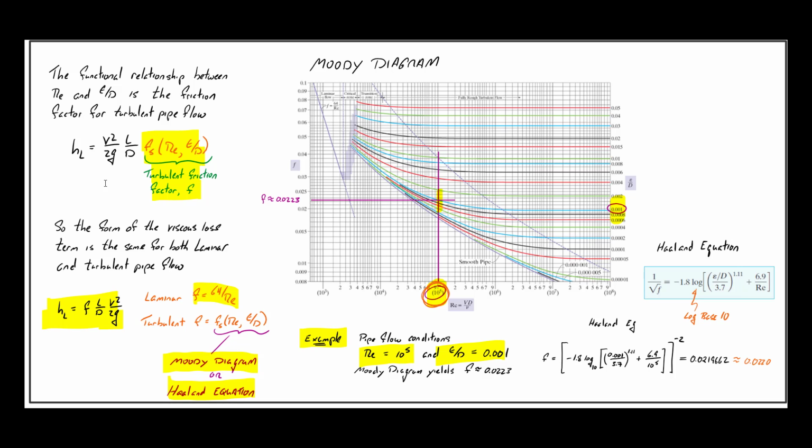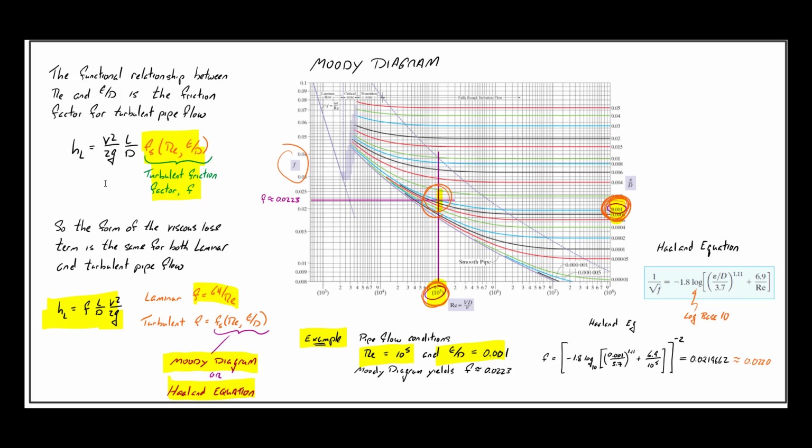We go up until we cross the line where epsilon over D is 0.001, and the crossing is here. We come across to where the friction factors are defined, and we end up with a value that looks like approximately 0.0223.